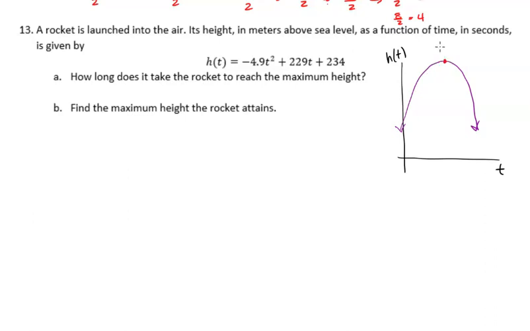So this point here has two coordinates, like we sometimes call an x and a y coordinate, although based on the way I've labeled this graph, it's actually a t coordinate, right? It's t and then the height based on that time. We are trying to figure out the time it takes for that rocket to get there. We're trying to figure out the x coordinate.